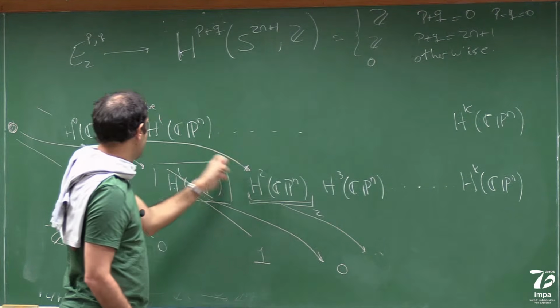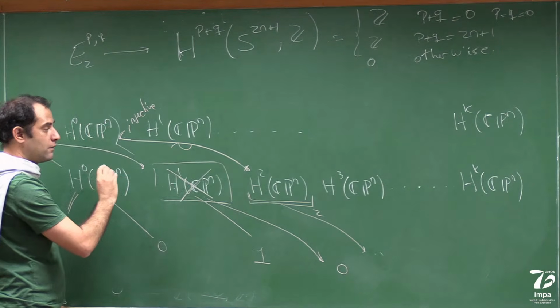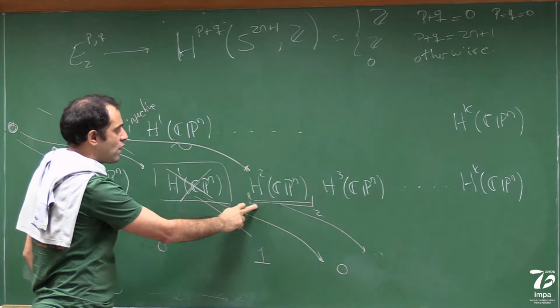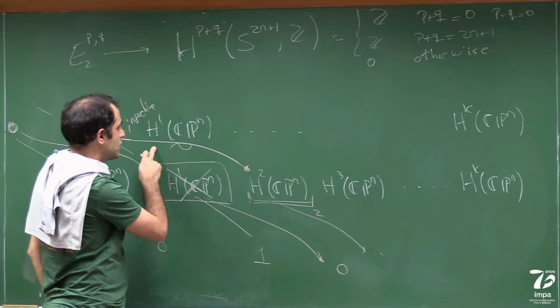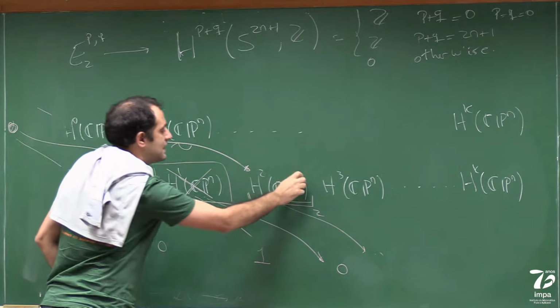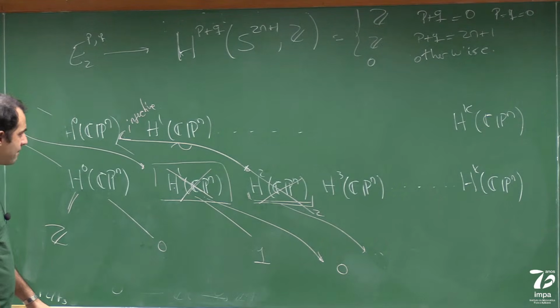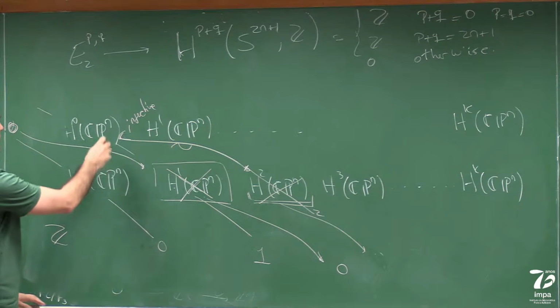So this map not only needs to be injective, but it has to be an isomorphism. Because if I have a non-trivial cokernel, it's going to survive homology. So this is an isomorphism from H0 to H2, and this gets killed in homology now. Okay. So we've killed this piece.